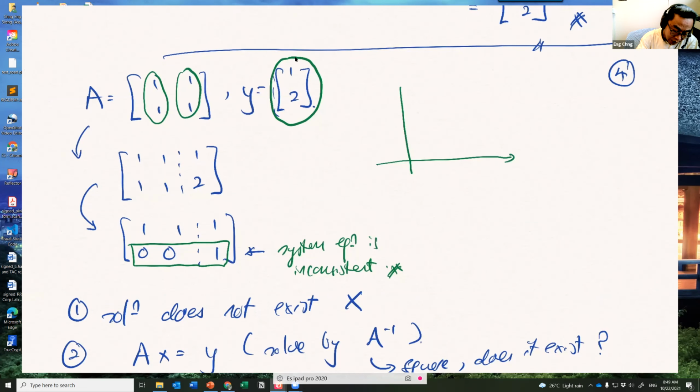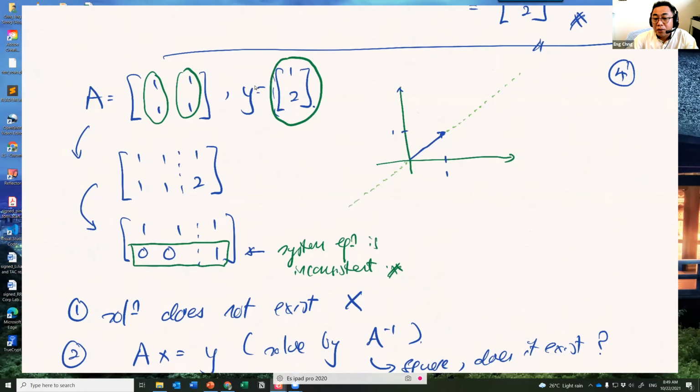Let me draw 1, 1 now. 1, 1 is here. This is 1 and this is 1. So this is the first column of A, as well as the second column of A. Any linear combination of this column of A can only lie along this line.